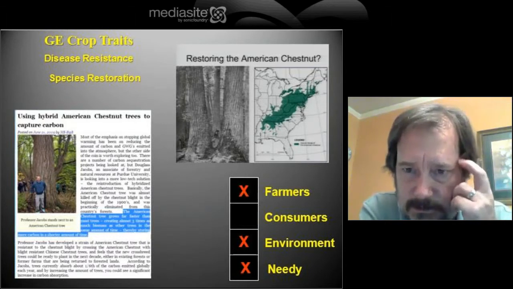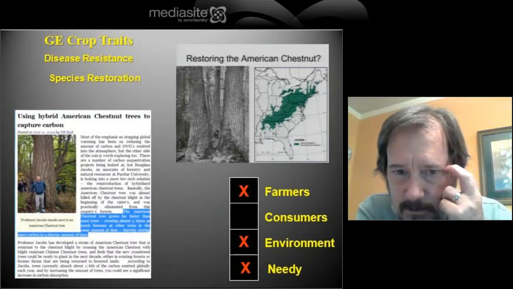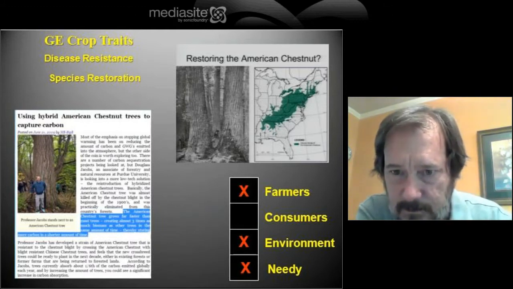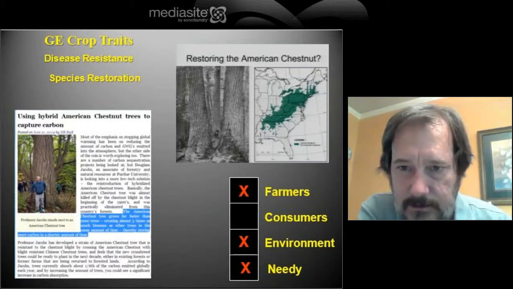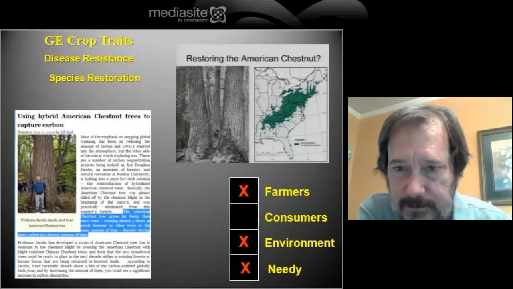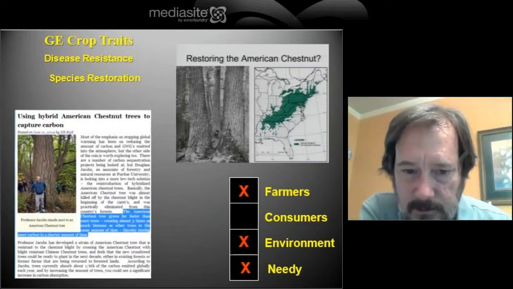This is a chestnut tree, and if you look there on the top right, you see the people in the background. You get an idea how big chestnut trees used to be and how wide their range was. In fact, they used to be called the Eastern redwood. They were huge trees, sequester a lot of carbon, but they were almost made extinct.